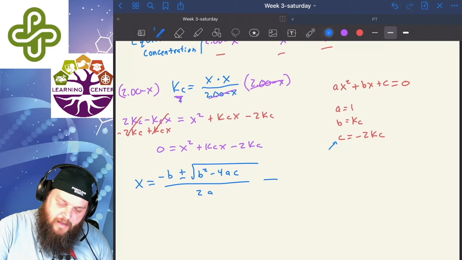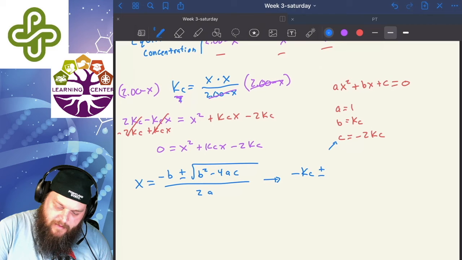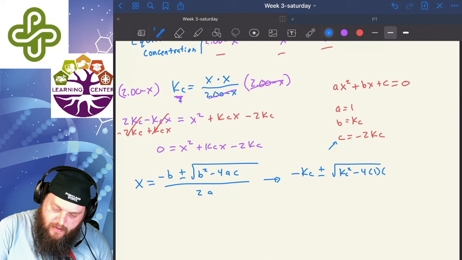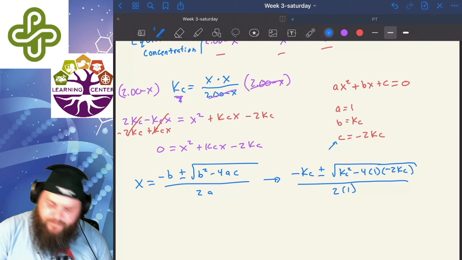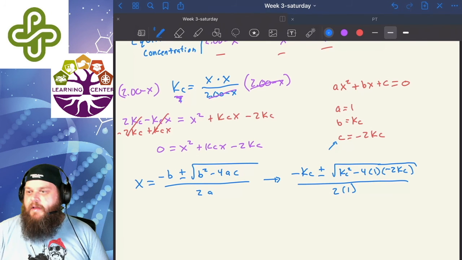When we do that, we can see we end up with negative Kc plus or minus the square root of Kc squared minus 4 times 1 times negative 2 Kc all divided by 2 times 1. And that's going to equal x.